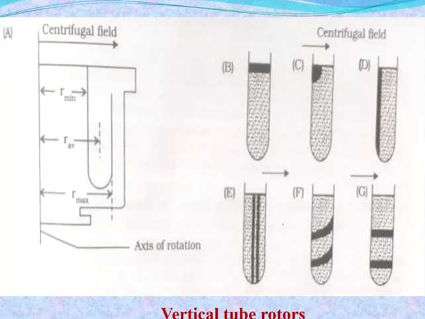Figure E shows the sample components which are being separated. Figure F here shows as the rotor decelerates, the gradient and the sample begin to reorient. And in the last figure, figure G, when the rotor stops, the original orientation is regained.